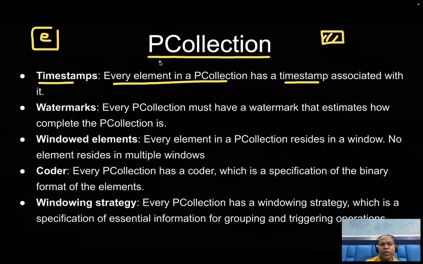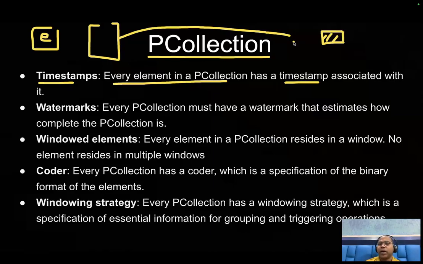Whenever your source is sending data continuously and you are running a streaming pipeline, in those scenarios our system performs some aggregation, maybe some intermediate calculation, like an average over 5 minutes or 10 minutes.